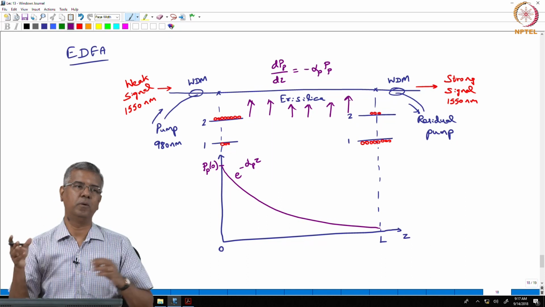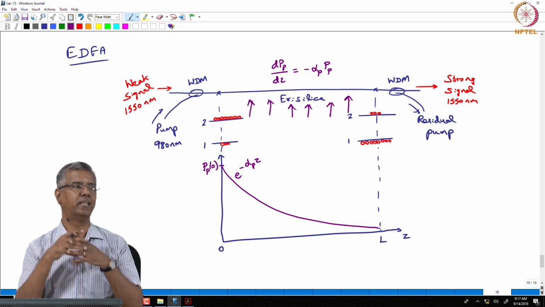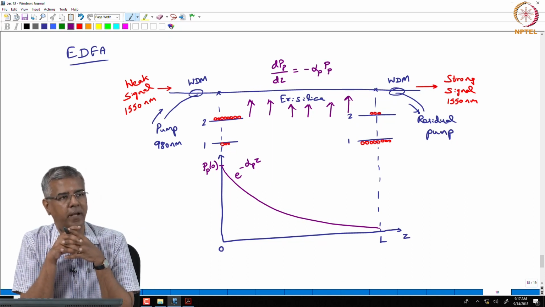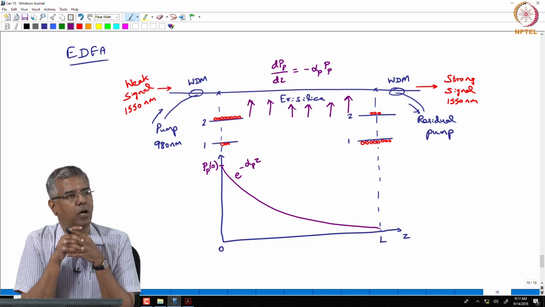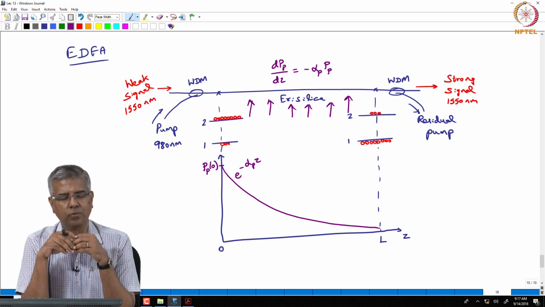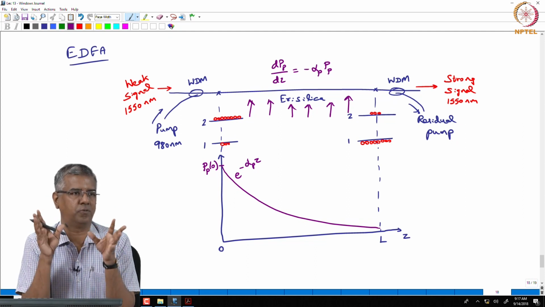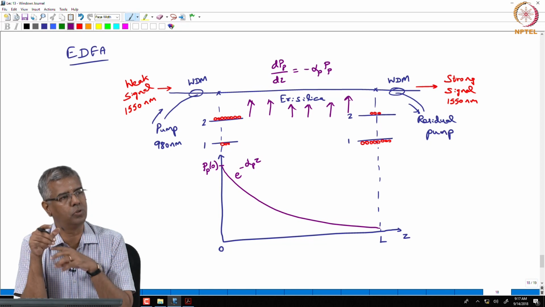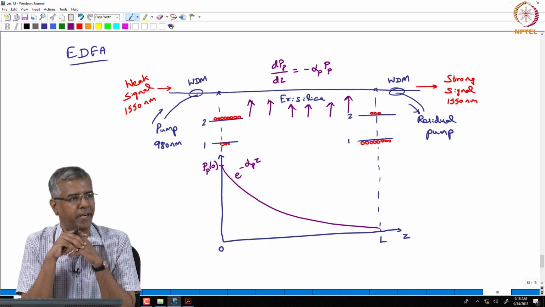You are not going to be able to efficiently focus all your pump light so that it is absorbed in the erbium fiber. So, for fiber form, you choose to pump from one end.